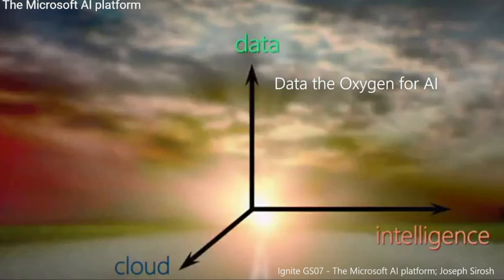And then, of course, it's all about data, and Joseph had mentioned that data is the oxygen for AI. In fact, if you went to any of the presentations on Vienna, the next version of Azure ML, the Azure ML Workbench, one of the things it does so well is help with data wrangling, which they always say is like 80% of the effort.